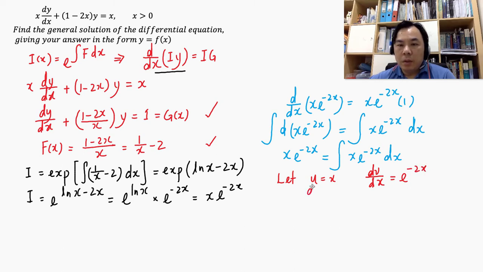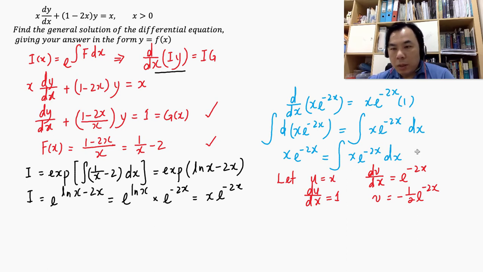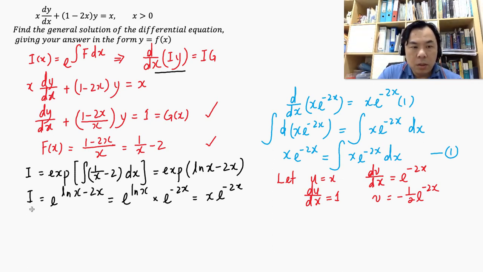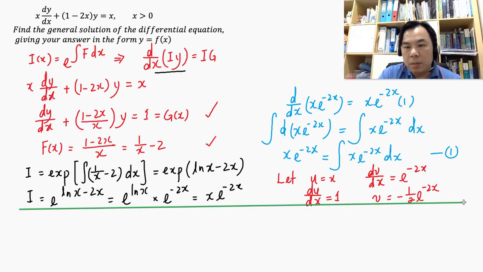Right, from here your du/dx is 1, and then the v is negative half e to the negative 2x. Okay, therefore this equation number 1 here would become, I'm going to draw a line here so that I can show you the next step.